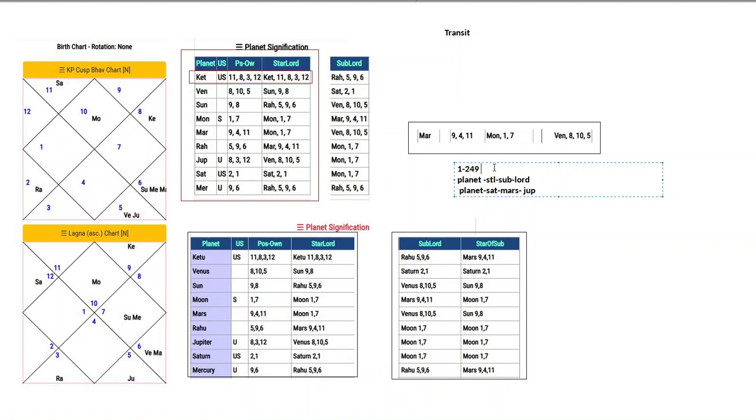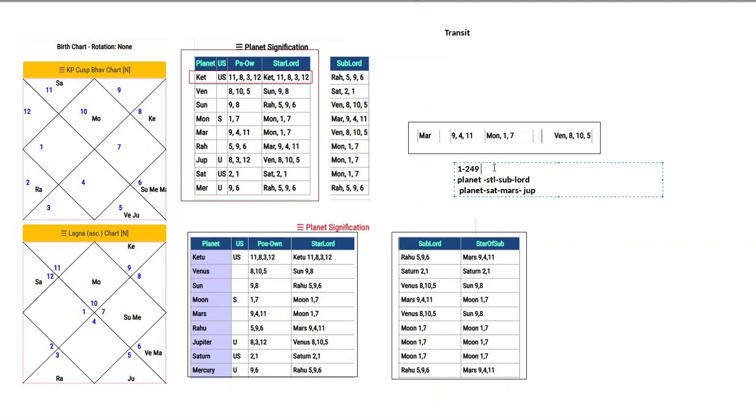Sometimes he says that if the sublord is, let's say, the lord of the 12th house, then the bad thing will happen. But in a few examples, if the same sublord is further deposited in the star lord of a good house, then the result gets modified. So there is no consistency, and that is where the whole confusion is.